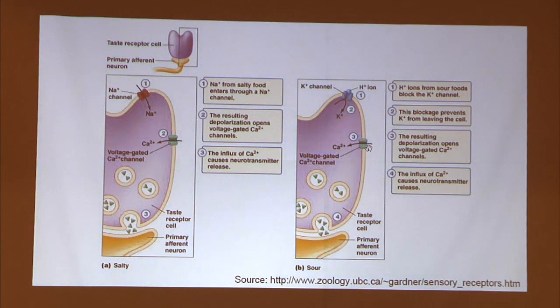So this is allowing sodium in, this is blocking potassium from going out, but they're both activating these voltage gated calcium channels. And calcium helps release neurotransmitters into that synapse. So salty is allowing sodium in to depolarize, sour is blocking potassium from leaving to depolarize.